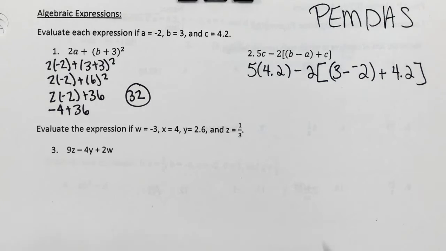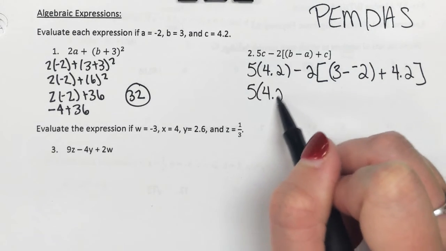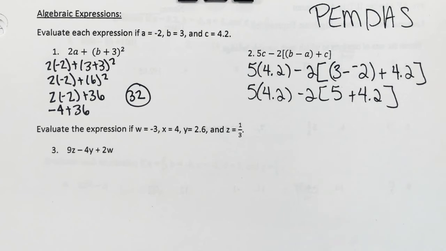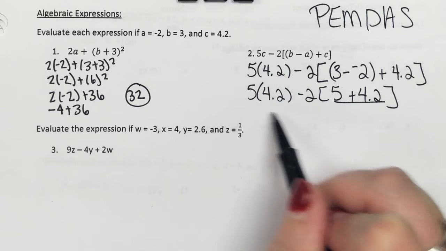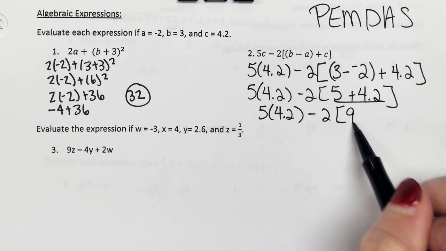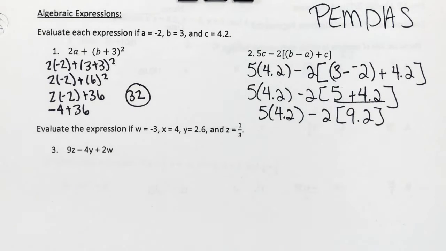3 minus negative 2, how much is that? 5. Very good. Okay. Do you see any more parentheses? Yeah, where? Well, I mean, they're brackets, but still. Brackets and parentheses are the same thing. So you got 5 plus 4.2, right? I'm doing it in way more steps than I know most of you can do it, but some of us had issues, so I'll just make sure we're all good.